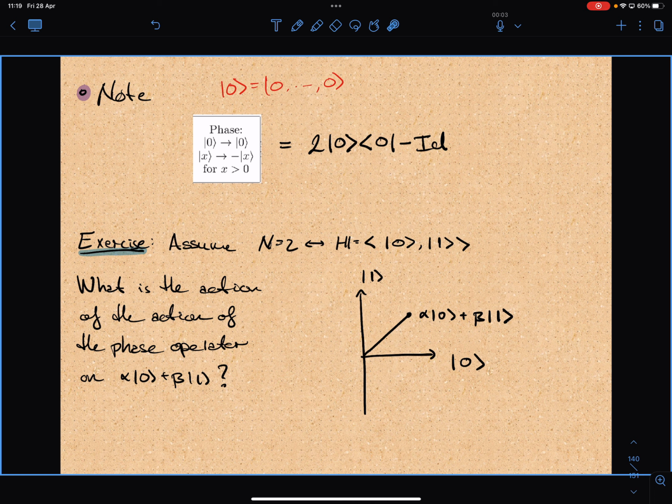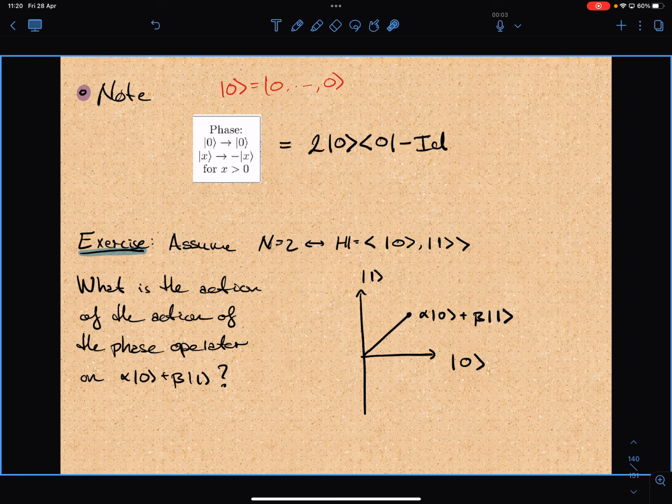So the exercise here is to give a geometric interpretation of this operator. In general, for this whole algorithm, this Grover iteration, to understand it, we're going to do it through a geometric interpretation. This is going to be the first step, and this is going to keep coming up.